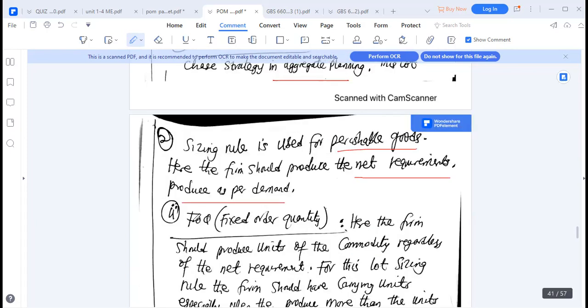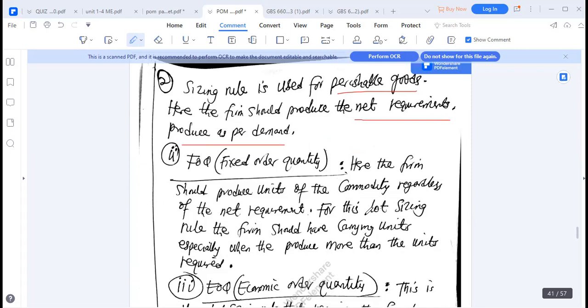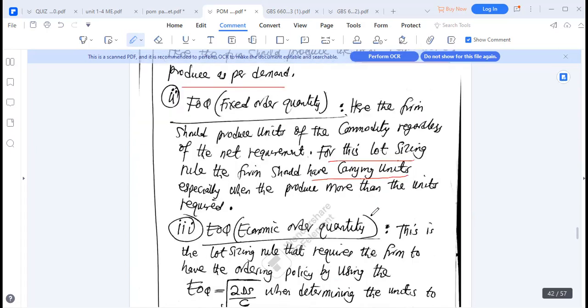Then the second one, fixed order quantity. Here the firm should produce units of the commodity regardless of the net requirements. So it's possible that the firm will have carrying units because they could have ordered more on the fixed basis than what is required. All right, then we're getting to economic order quantity.